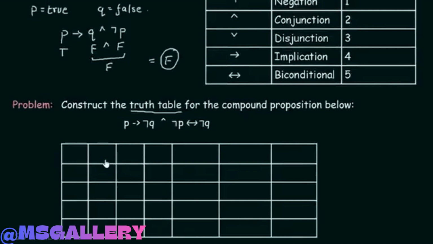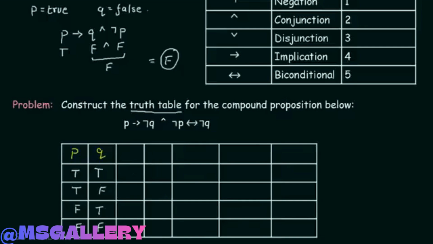Okay, let's write all the different combinations of P and Q first. First combination is true-true, then true-false, then false-true, and then false-false, right?